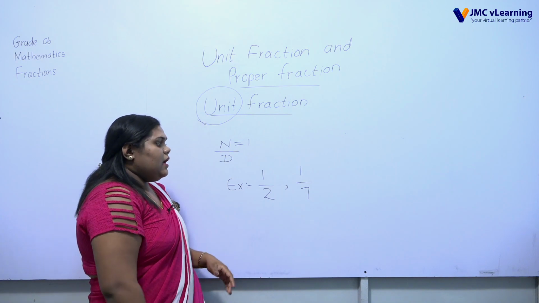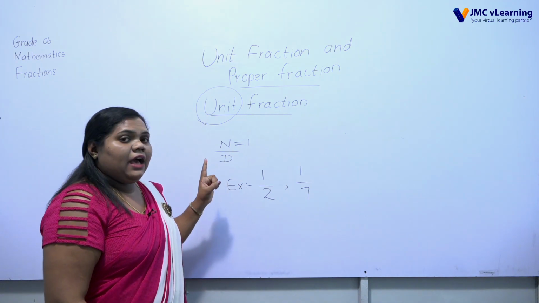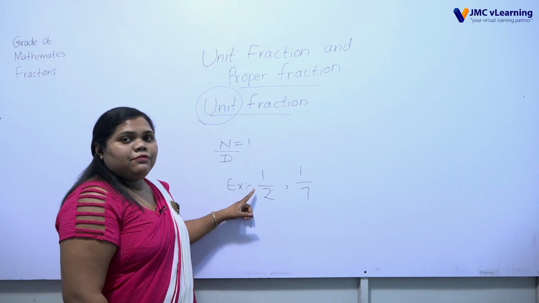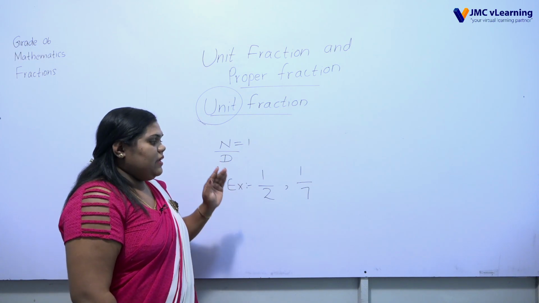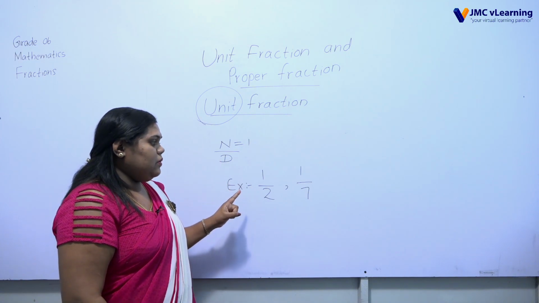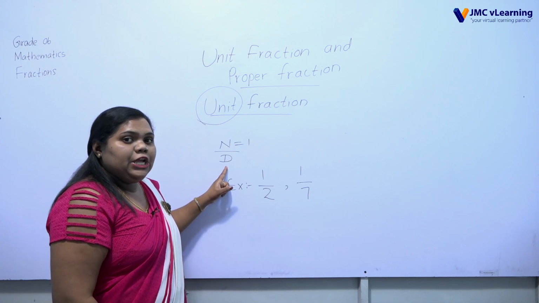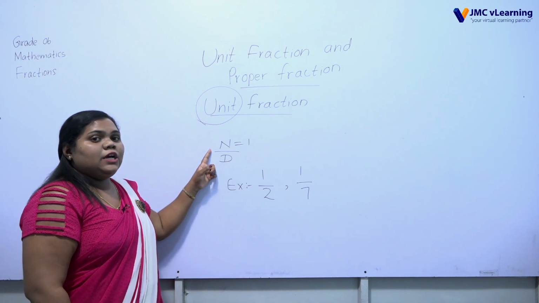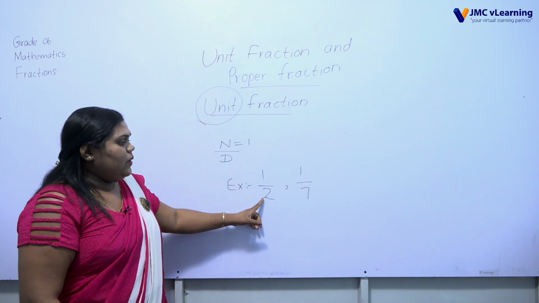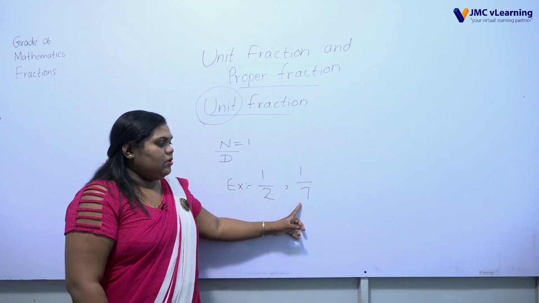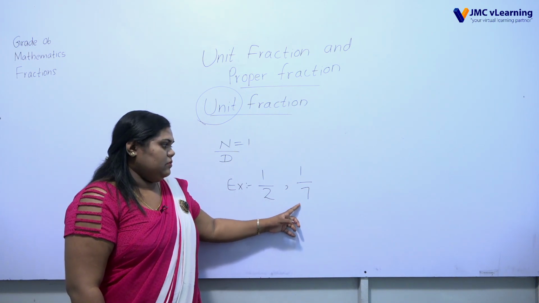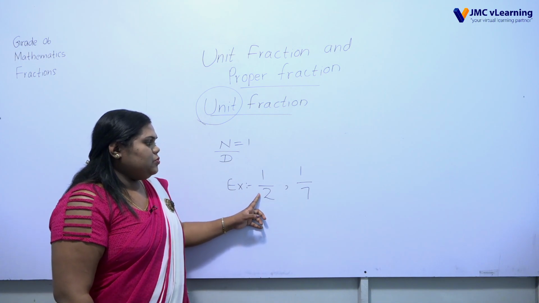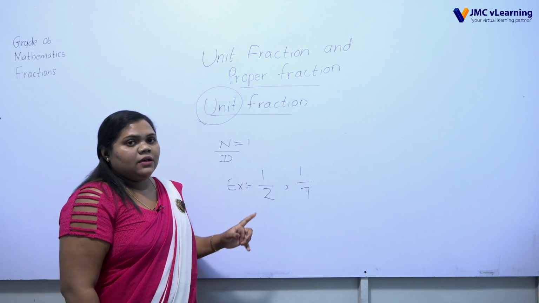Okay children, now you remember that I have taught you about proper fractions, no? When I talked about the proper fraction I told you the denominator must always be bigger than the numerator. When we look at these two fractions, you can see 2 and 1, 7 and 1.